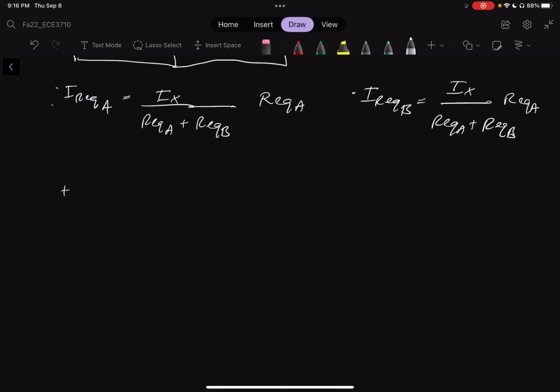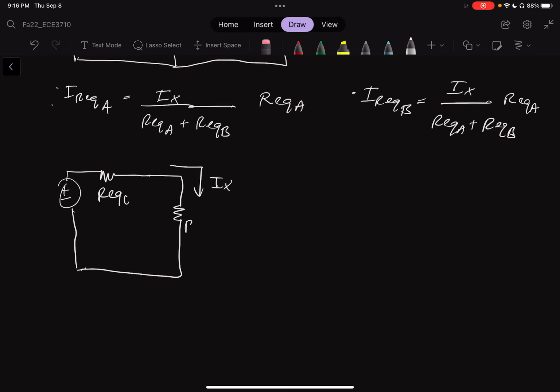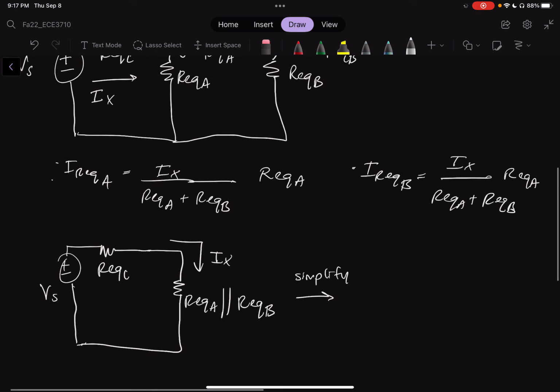So now this is IX, R equivalent C, R equivalent A in parallel to R equivalent B. There's VS. And we could even take it one step further. Simplify.